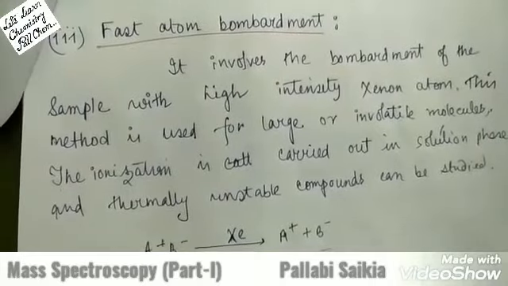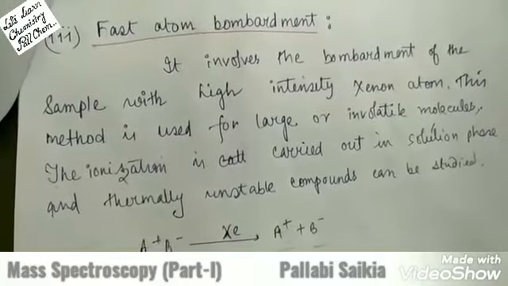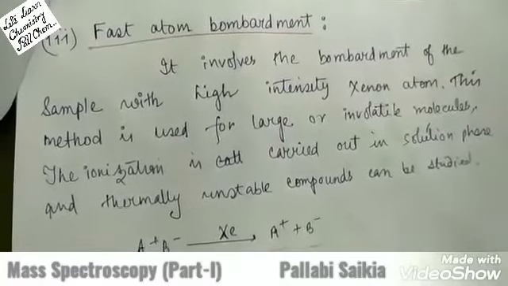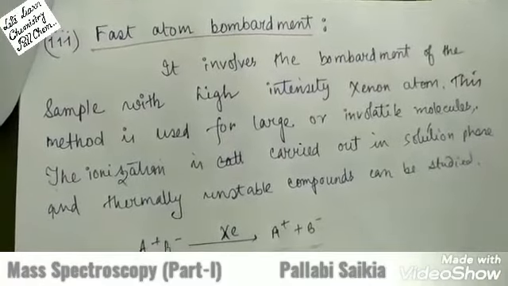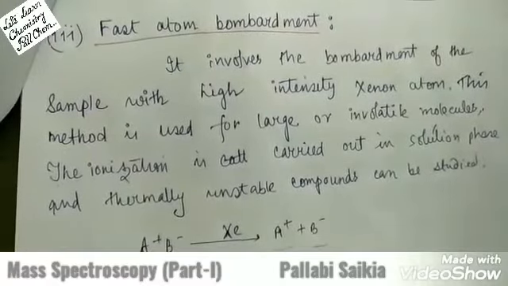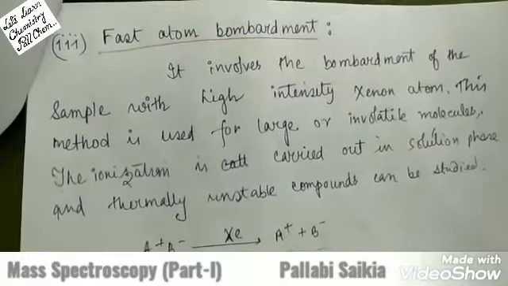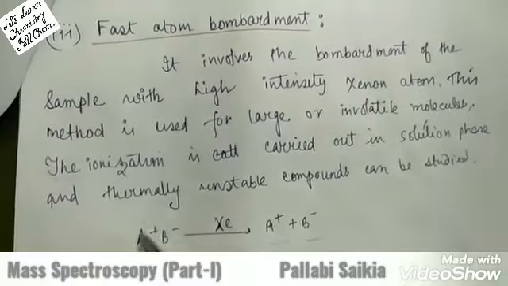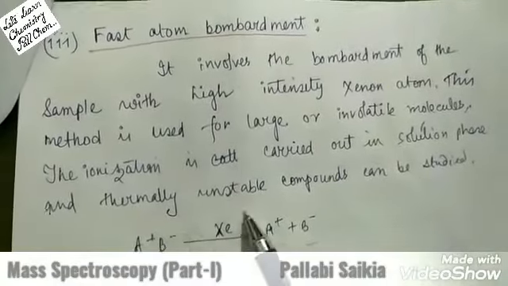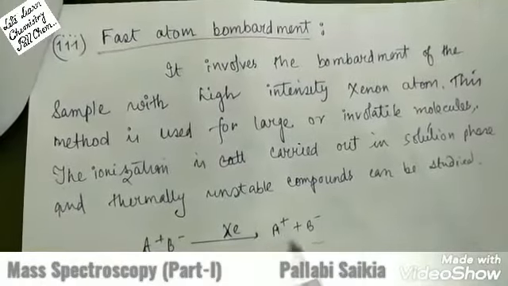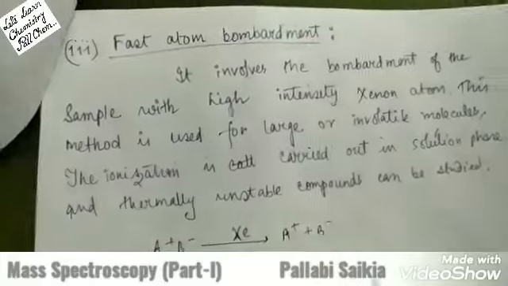In this method, the sample is bombarded with high intensity xenon atoms, and this method is used for large molecules and involatile molecules, and here normally unstable compounds can be studied. So this molecule, normally an ionic compound, is bombarded with high intensity xenon atoms, and we will get the fragments.